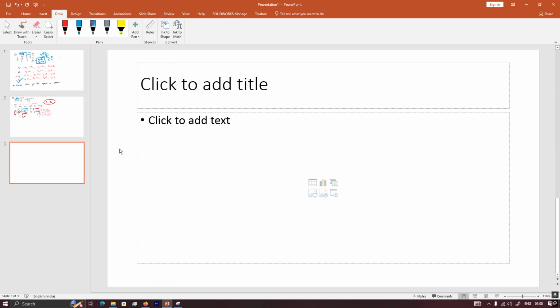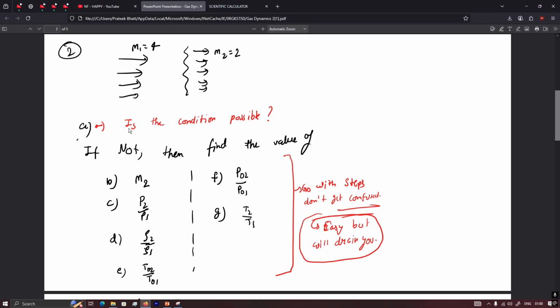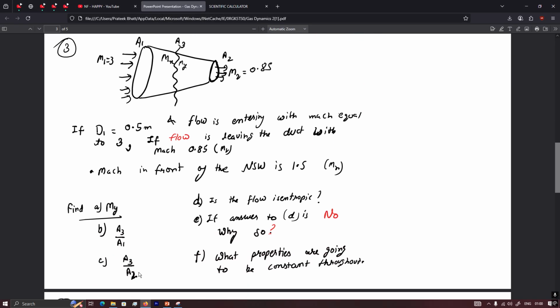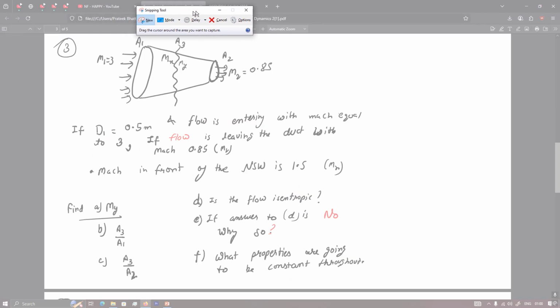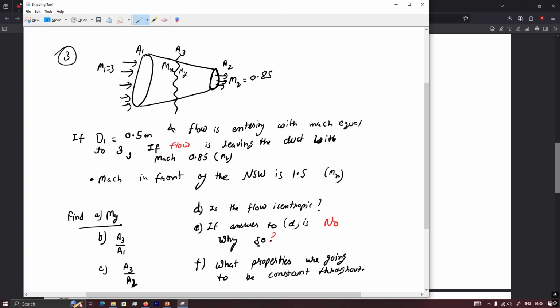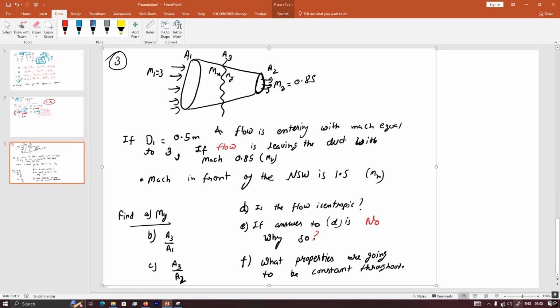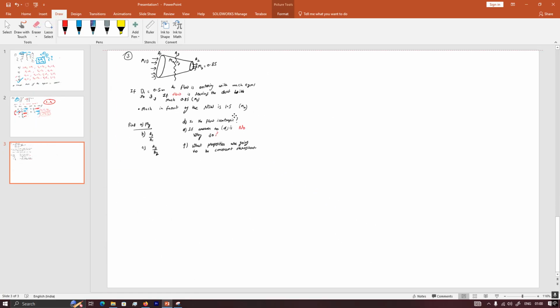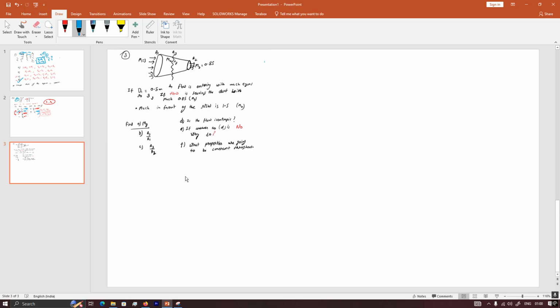So now I will move to the next slide, and this is our third question. So what we are given is that we are having a nozzle, okay, and just tell me whether it's a nozzle or not.